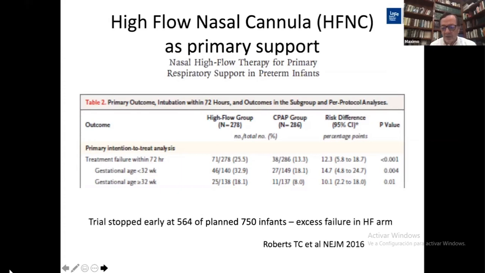So this shows that the better approach for stabilization or respiratory support in preterm infants in the delivery room is mainly the use of the traditional CPAP.